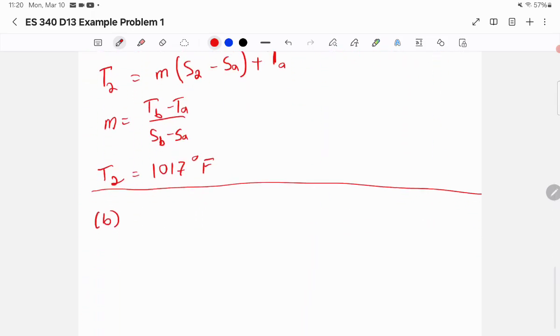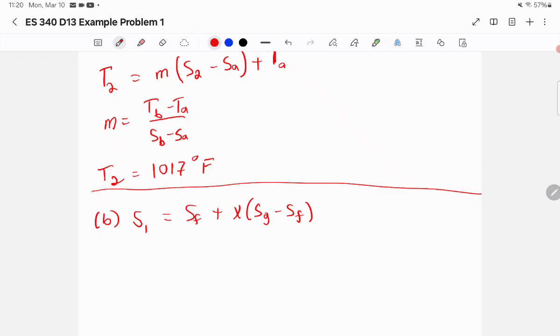So we don't know what S1 even is at this point in this problem, so we're going to need to use this equation that we have for finding mixtures, which is SF plus X, which is the quality, times SG minus SF.